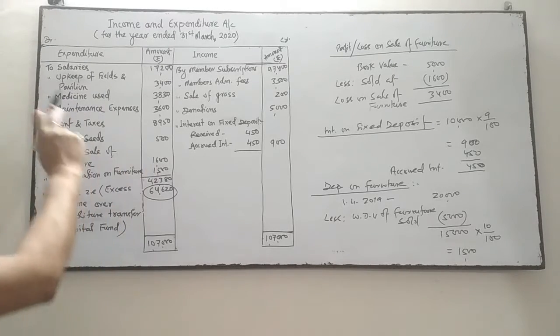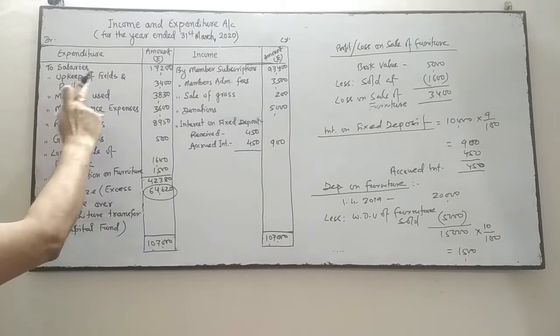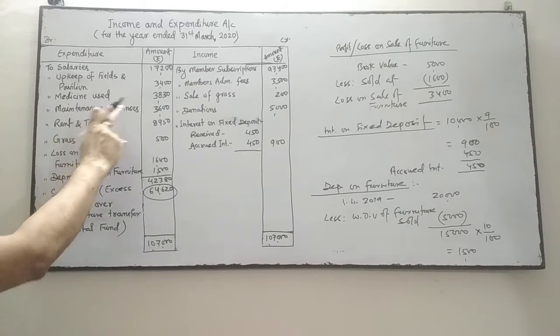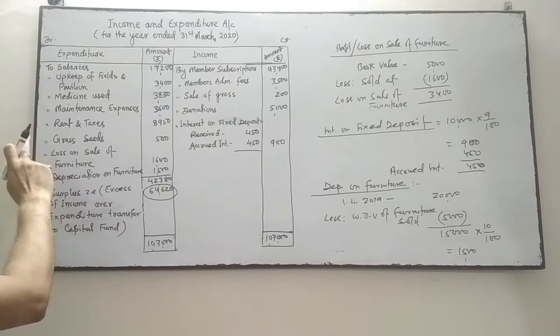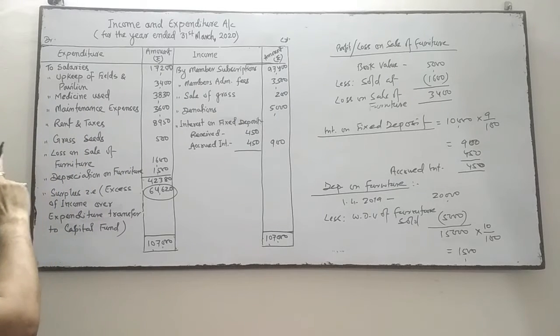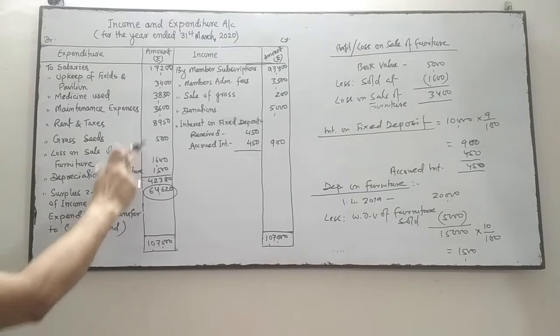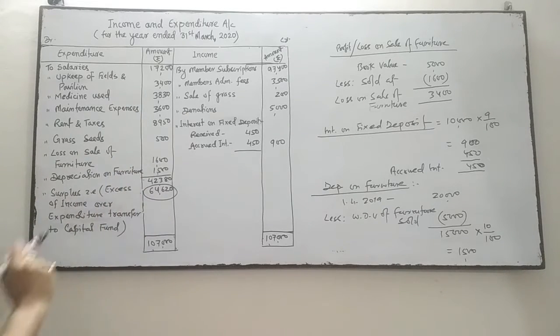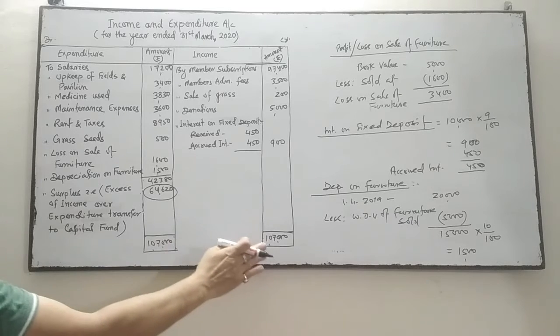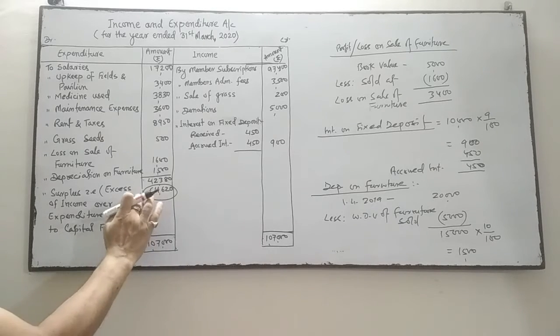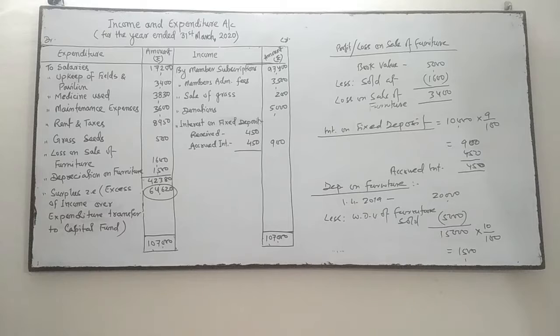So it is clear. Debit side: salary, upkeep of fields and pavilion, medicine used, maintenance expense, rent and taxes, grass seed, loss on sale of furniture, depreciation on furniture. The total is 42,380. Credit side total is more, so the difference amount is transferred as surplus, that is, excess of income over expenditure, transferred to capital fund.